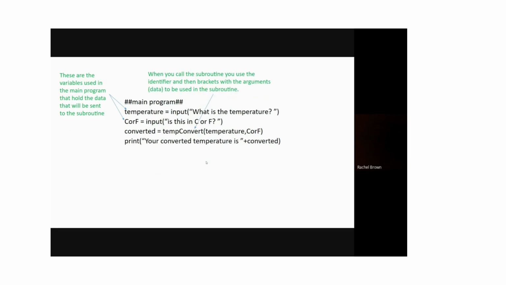What we've then got here is our subroutine name, which we realized is a function. So when we call the subroutine, we need to use its identifier, and then we have brackets, and the data is known as arguments. We're sending the data through to it, and I'm not sure why they're called arguments, but they're known as arguments when you send them through to it. And we're sending two pieces of data through to it.